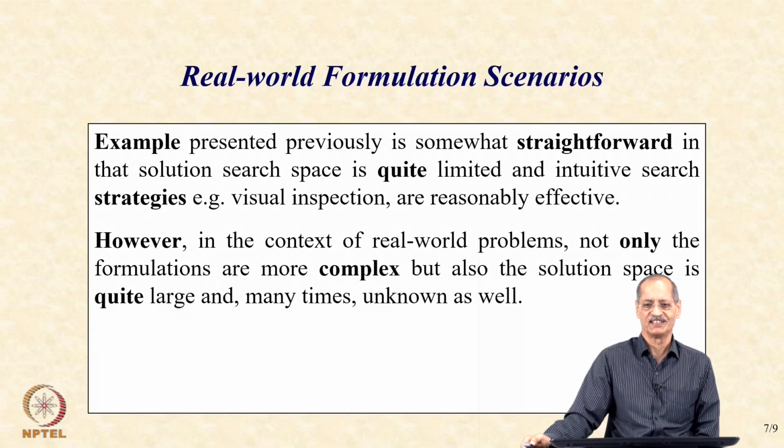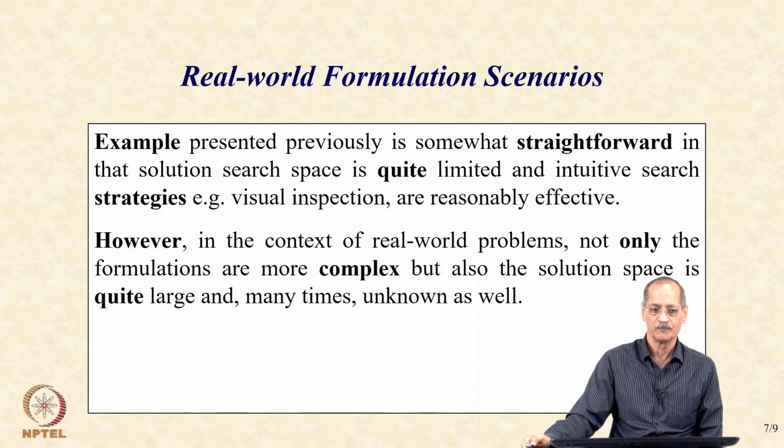Real world problems are not this simple. They are a lot more complex, and also their solution space is quite large. Sometimes it may not be known also. So, the assumption that it is known, observable, all that is no longer applicable.